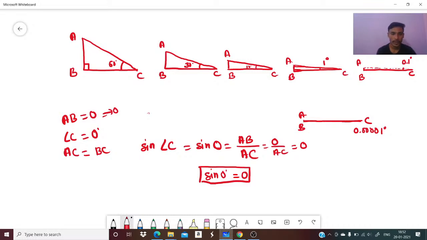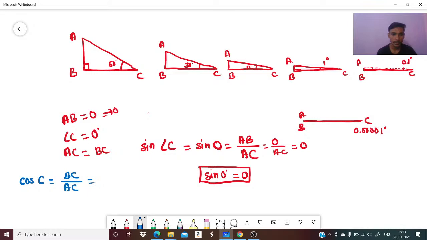Similarly, if I ask you to find the cos ratio, let me use a different color for it. So cos of angle C. You know that cos is adjacent upon hypotenuse. Since this was your C, what is your adjacent? It's BC upon the hypotenuse, which is AC.